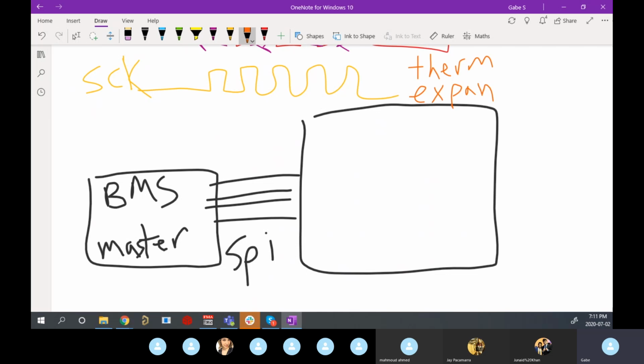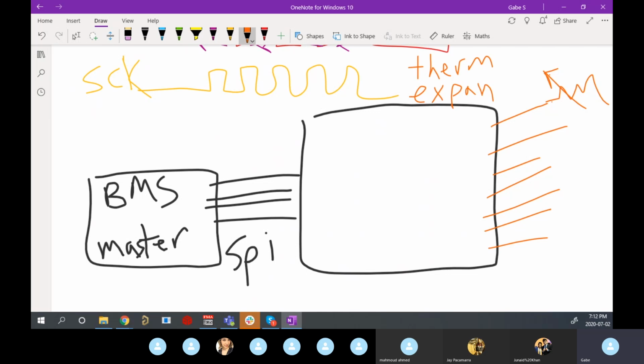All it is is a bunch of multiplexers and an ADC, with a lot of wires that all have a variable resistor. This resistor will change resistance based on temperature, so it's a super cheap way to measure temperature.